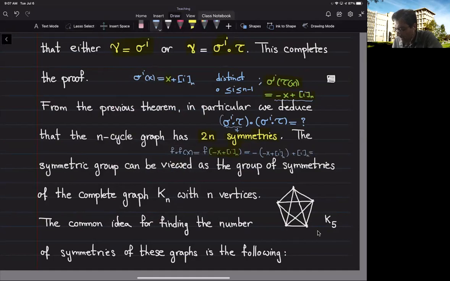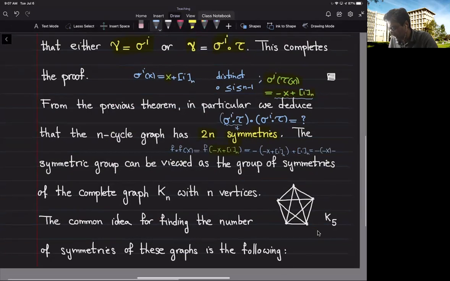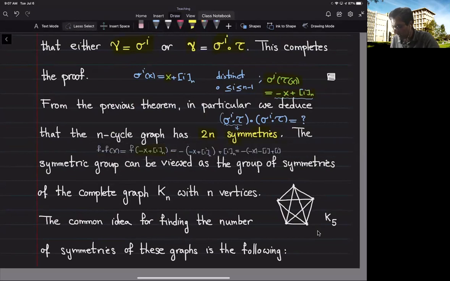Now negative of sum is negative of the first plus negative of the next. And then I get negative x, and then I have negative of i plus i. And as you can see here, negative x is simply x, and negative i cancels out i. So we end up getting x. And so f of f is just identity.